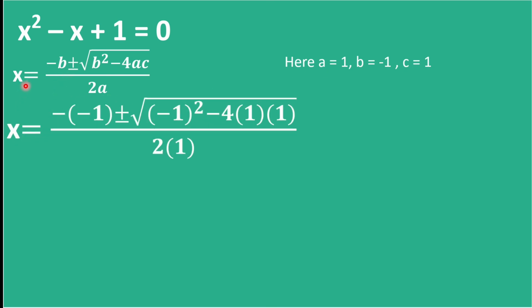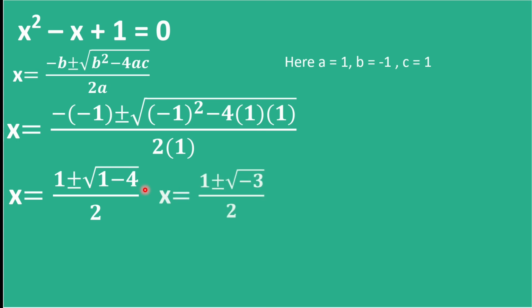So this equation will become minus into minus 1 plus minus the square root of minus 1 squared minus 4 into 1 into 1, divided by 2 into 1. So this minus multiplied with minus 1 will become plus 1, and plus minus this minus 1 squared will become 1, and this minus 4 times 1 equal to 4. So 1 minus 4 again equal to minus 3.